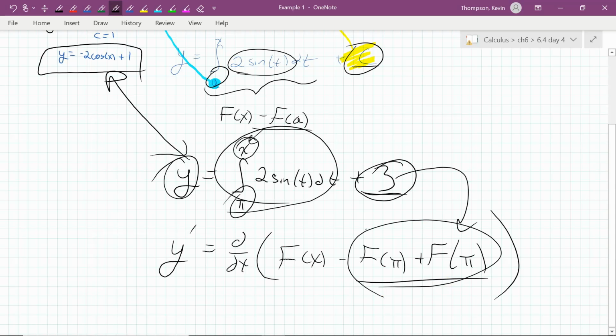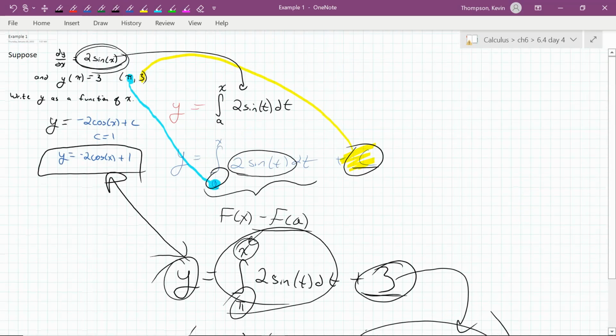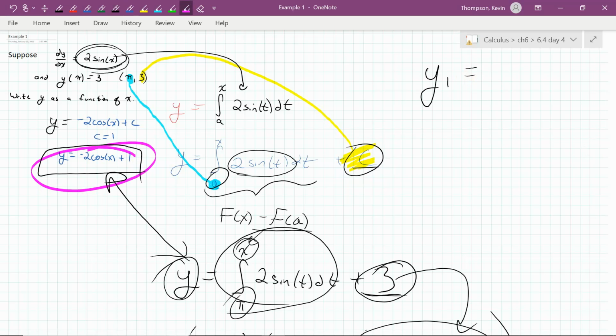Here's what this means. Grab your calculator for me, and in y1, here's what I want you to put. Now, I'm not going to have you graph this because I think you should know what that looks like, because we're really saying these two functions are the same function.